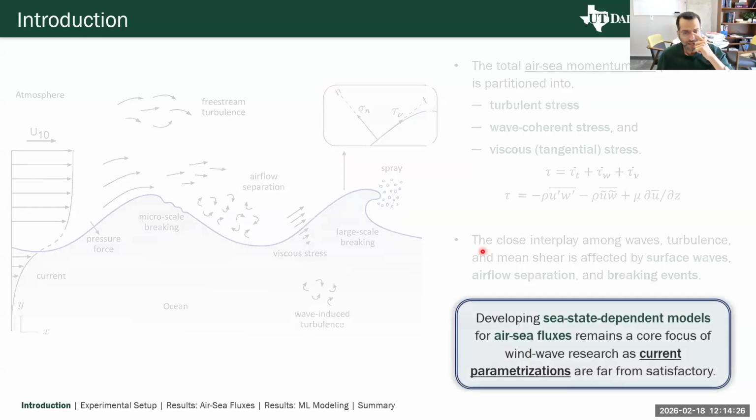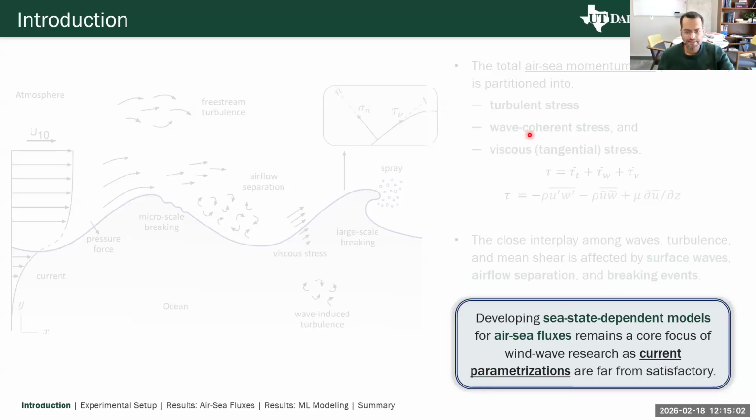Because of that, the current understanding of the impact of surface waves on near surface turbulence and momentum flux is limited, because this is affected by different parameters, including the wind wave misalignment, the wave height, the wind speed, and the wave speed. Because too many parameters are involved, we are still far from having a sea state dependent model, a model that can work reliably and accurately under different sea conditions.